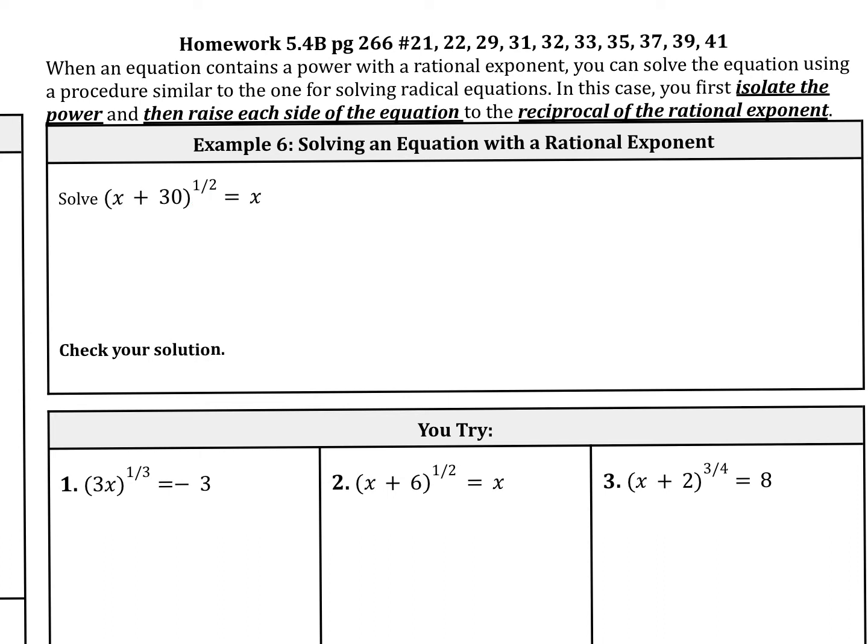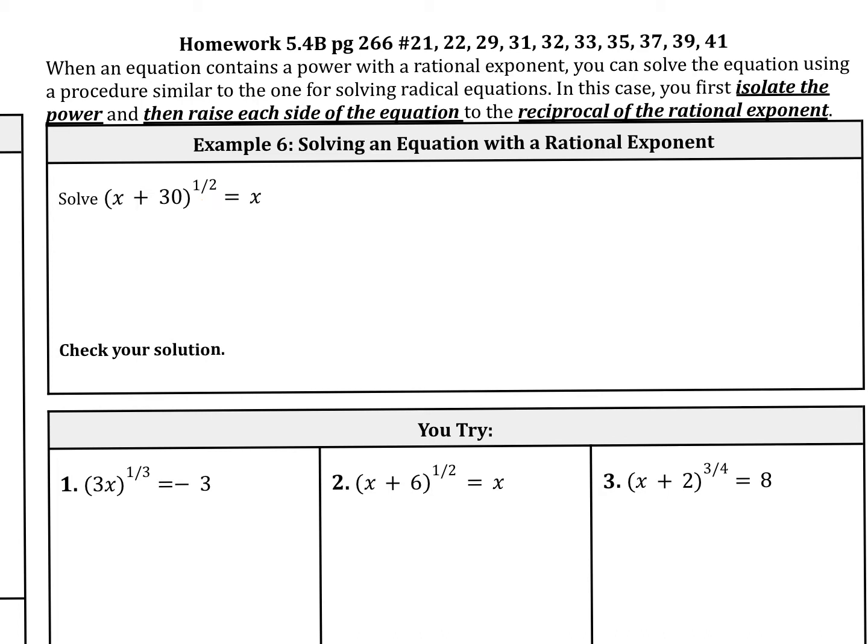And in the definition it said isolate. So this power is already isolated. So the next step is to raise each side of the equation to the reciprocal of the rational exponent. The rational exponent is 1 over 2 and its reciprocal will be 2.